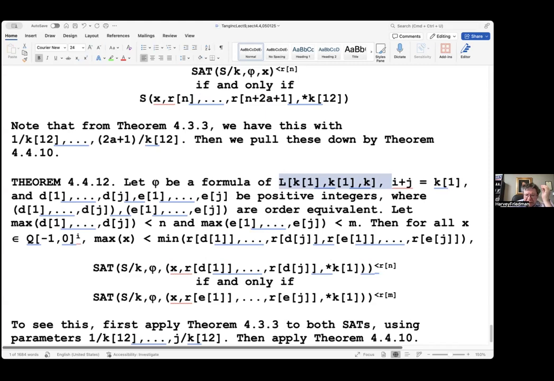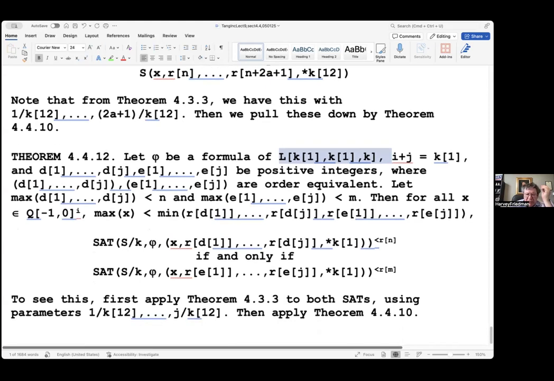Okay, so first we apply theorem 4.3.3 to both SATs, and then we use some positive numbers. Then we can pull them down this way. The Q in the representation theorem from section 3, remember, it's a less than Q. So these less than Q's are used in here.